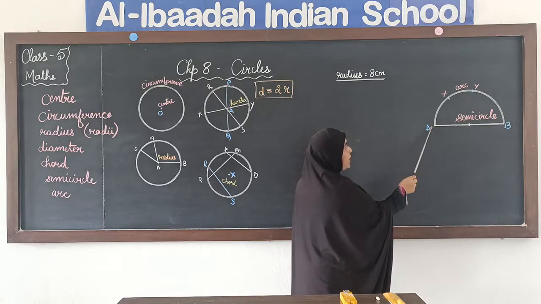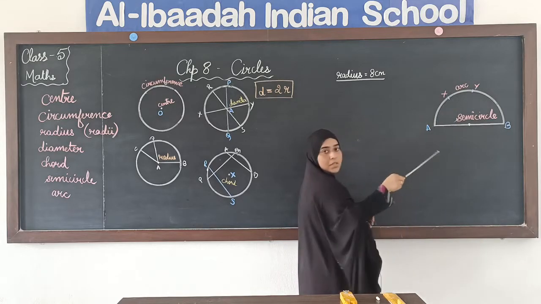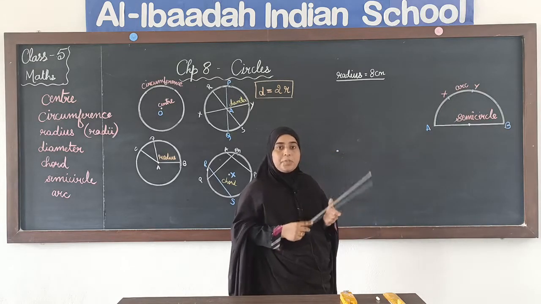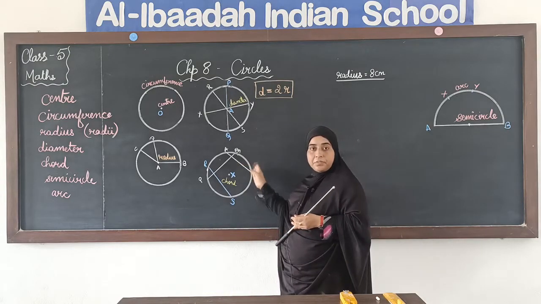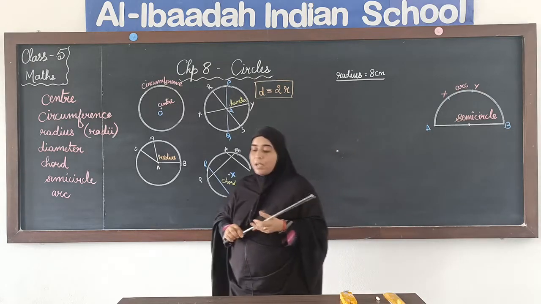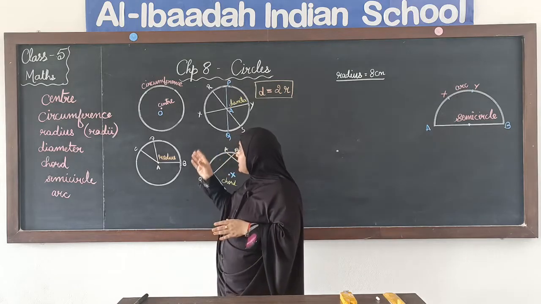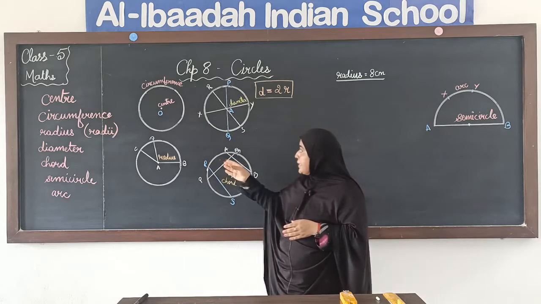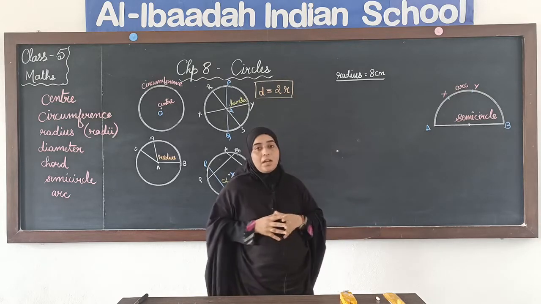Even this part from A to B is also an arc, half of the circumference, right? So it also becomes an arc. We can have any 2 points on the circumference, and the part between them we call an arc. I hope you have understood all the parts of the circle: center, circumference, radius, diameter, chord, semicircle and arc.